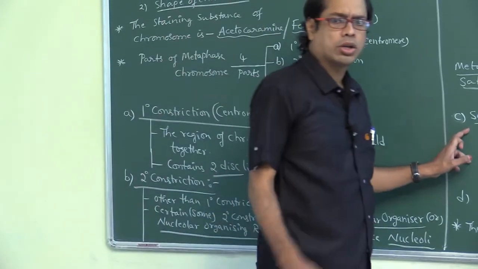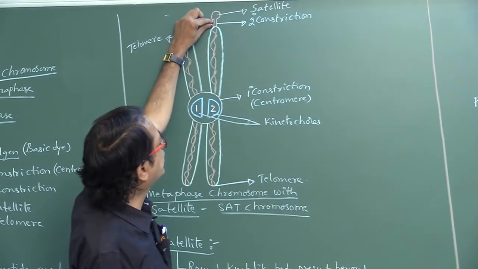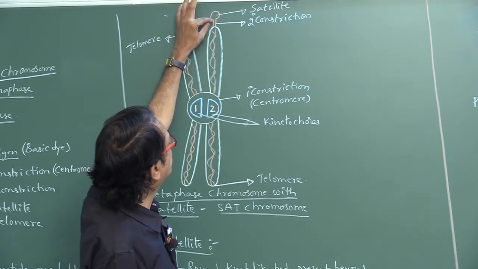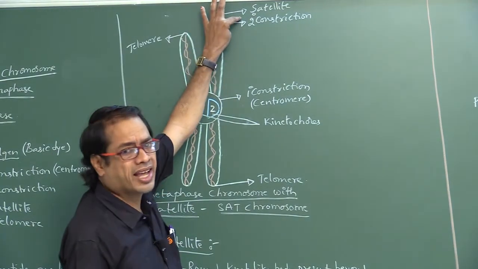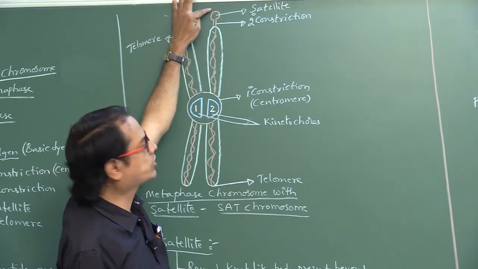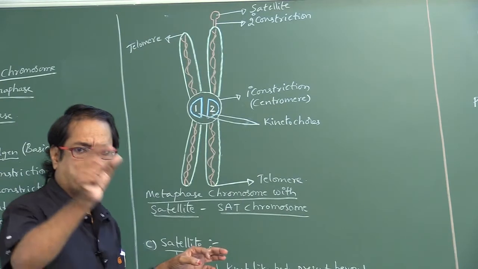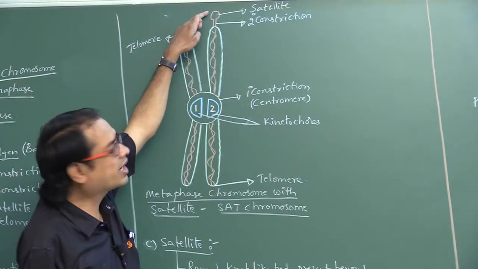Next, third part. What is a satellite? If you look here, this is the secondary construction. After that secondary construction, a round knob-like body is present. This is called the satellite. The round knob-like structure present beyond the secondary construction is called satellite.